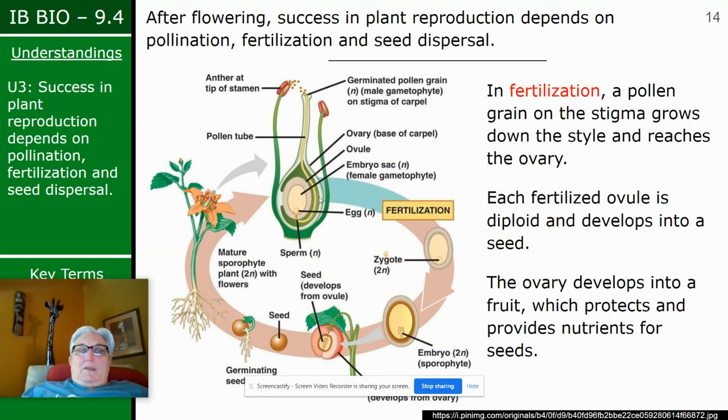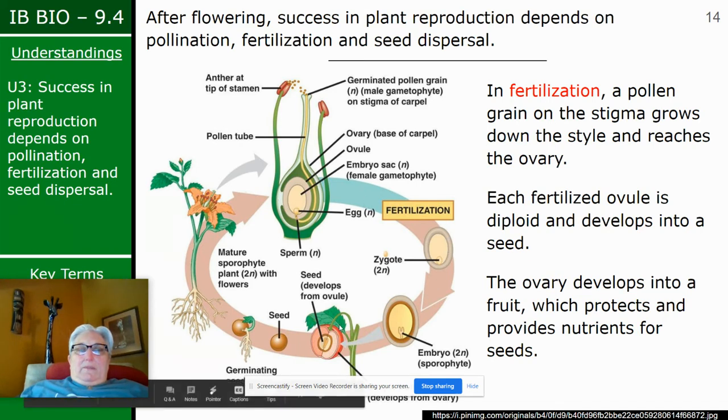All right. Once in the ovary, and remember, this is a complete diploid organism, the ovule here, and it's going to develop into a seed. And that seed then germinates, and from that we get the plant and then ultimately the flower. So that's where fertilization happens, right? The pollen gets transferred to the sticky stigma, moves down into the ovary, where it's going to develop.